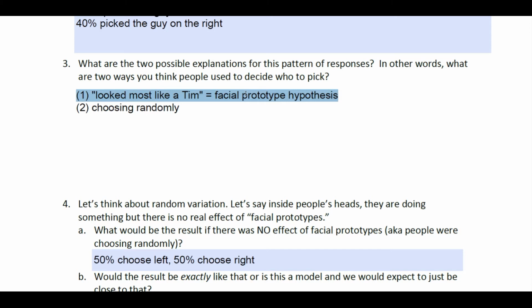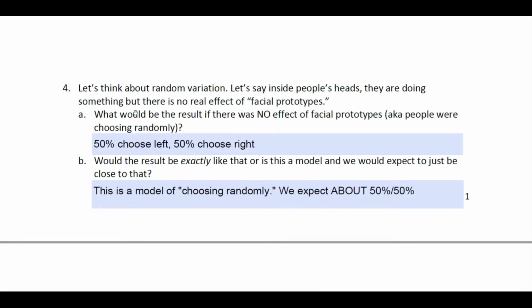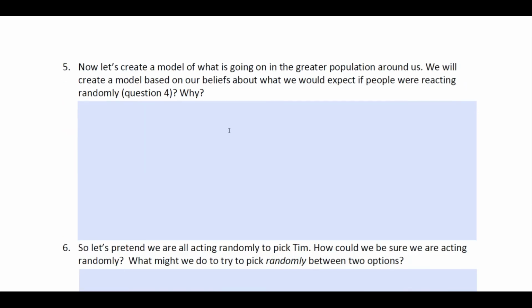So in statistics, since we don't really know what that alternative actually would look like, we start by building our models based on something that we do know what it looks like. We do know about what we would expect if people are choosing randomly. So here it says, we'll create a model based on our beliefs about what we would expect if people were reacting randomly.